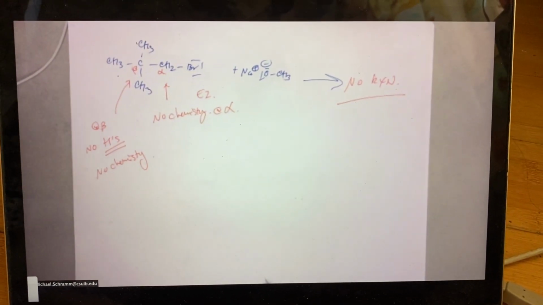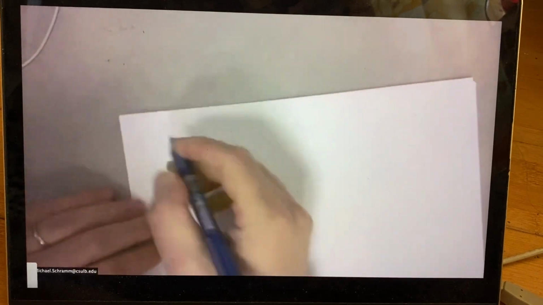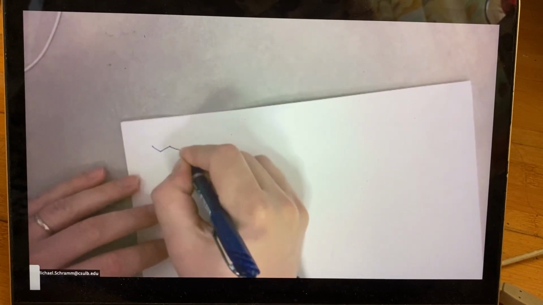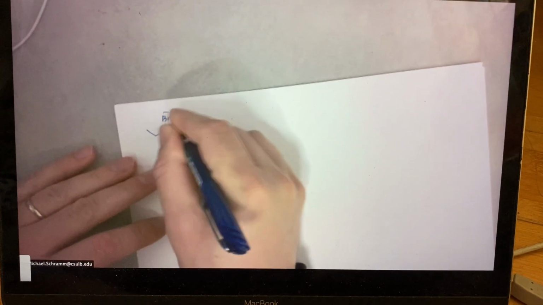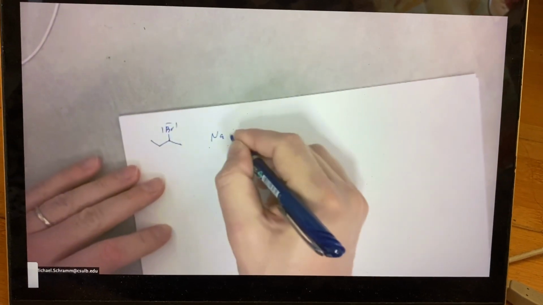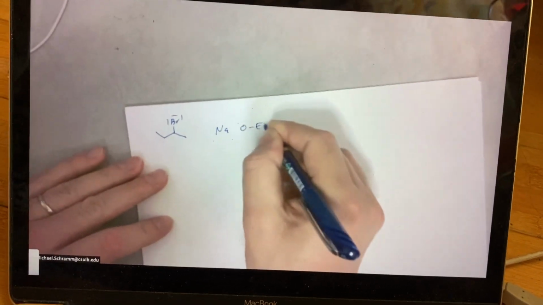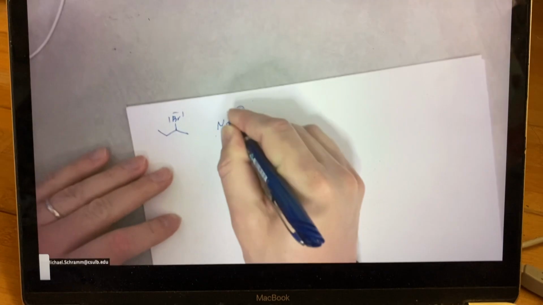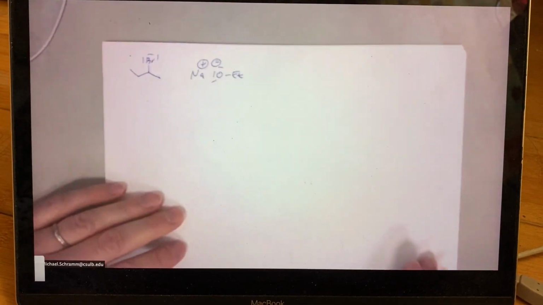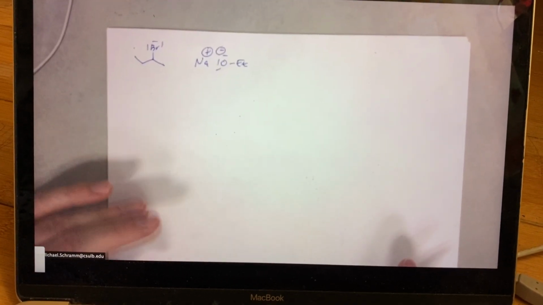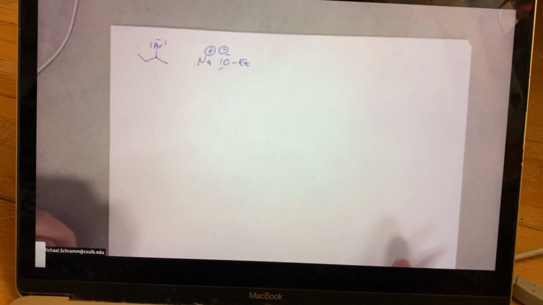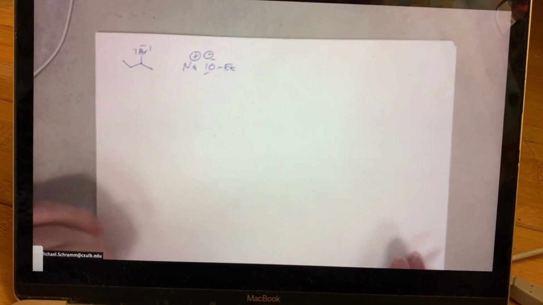Let's actually go back one page. We're going to go back in our notes to 2-bromobutane. So we're going to revisit 2-bromobutane. Let's use sodium methoxide again as our base. And now we're going to explain where cis and trans comes from.